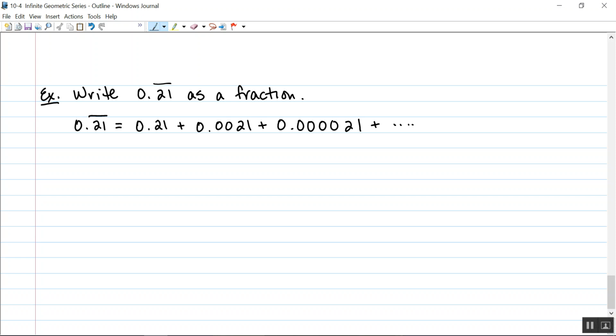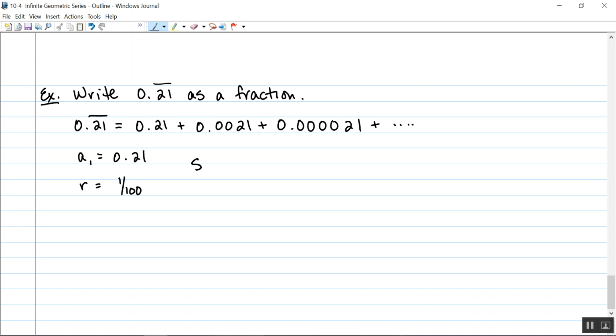Okay, so looking at this, my a sub 1 is 0.21, and my ratio is 0.0021 divided by 0.21, or 1/100th. I'm going to go ahead with fractions. You could use decimals also.